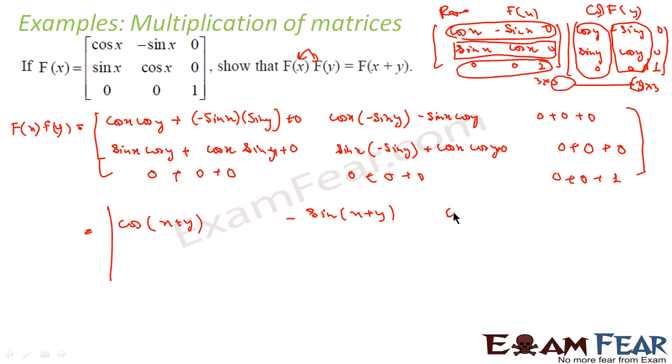This becomes 0. Sin x cos y plus cos x sin y, again sin of x plus y. This is sin of x plus y. This guy is minus sin x sin y plus cos x cos y. It's cos x cos y minus sin x sin y. That is cos of x plus y.